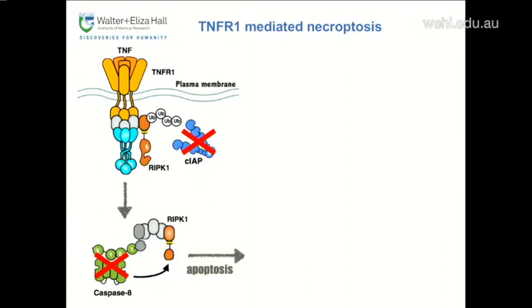If caspase 8 is also inhibited, then this switches the phenotype from apoptosis. So RIPK1 cleavage is prevented. It can now associate with its partner kinase, RIPK3. RIPK3 then phosphorylates the pseudokinase MLKL.